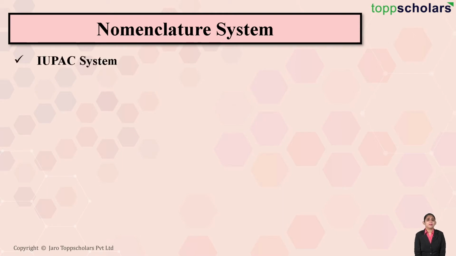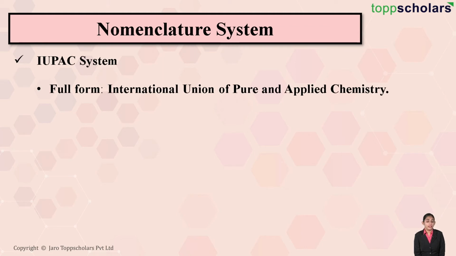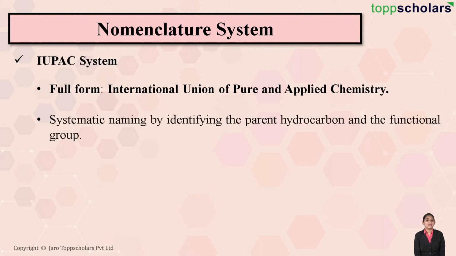And then came something known as the IUPAC system. Yes. The full name of the IUPAC system is International Union of Pure and Applied Chemistry. This IUPAC system is a system of naming carbon compounds simply by identifying the parent hydrocarbon and the functional group that is present in the carbon compound.